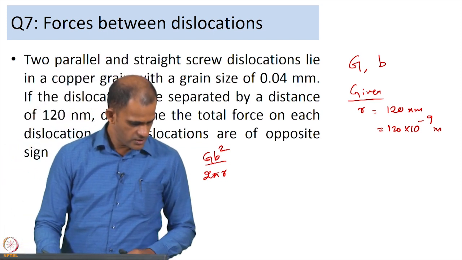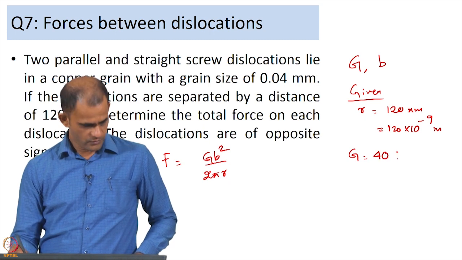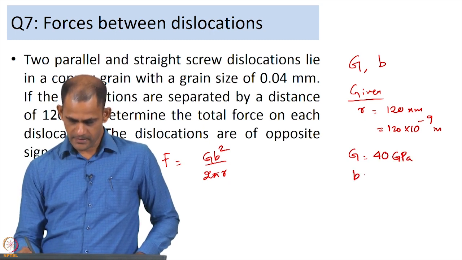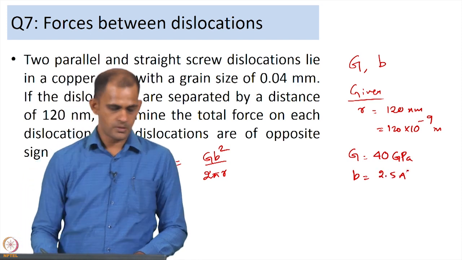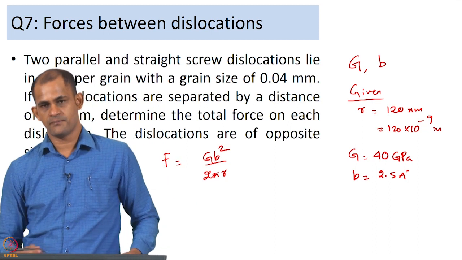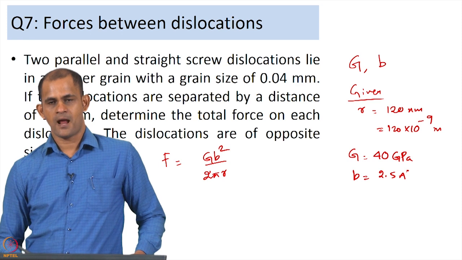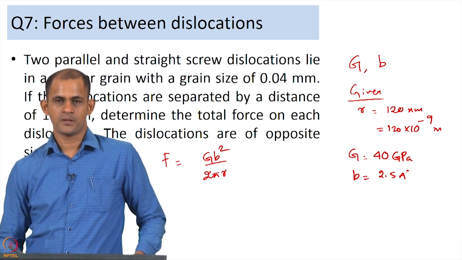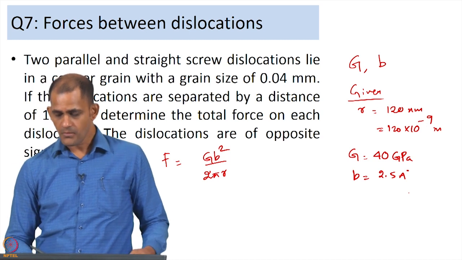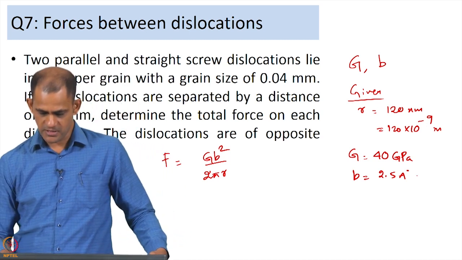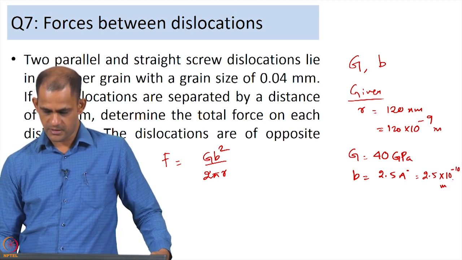For copper the shear modulus G is 40 gigapascal and the Burgers vector is 2.5 angstrom. The Burgers vector comes from the crystal structure. Copper has an FCC crystal structure and you can find the Burgers vector from the lattice parameter of copper, so it is 2.5 angstrom, equivalent to 2.5 into 10 to the power minus 10 meter.